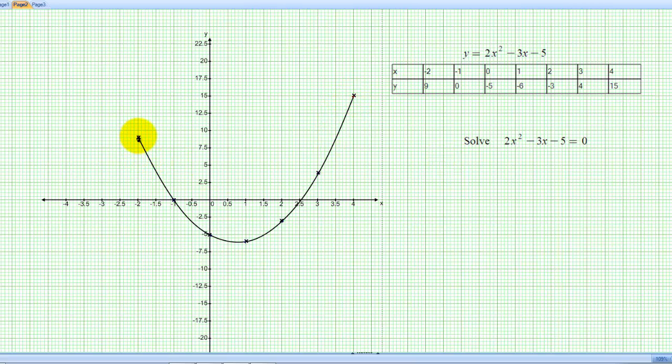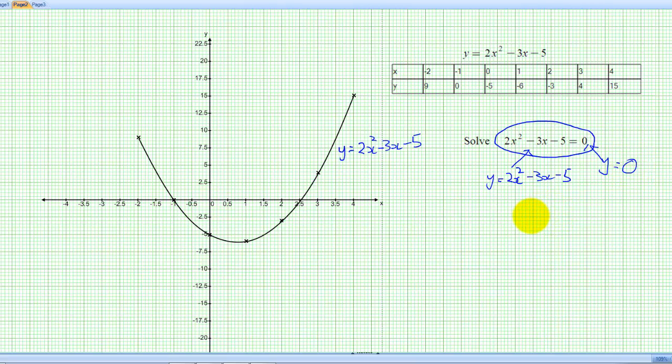Once again, make sure your curves cut through all the points that you have plotted. Next, we'll write down the equation of the curve beside the curve. To solve this equation here, we shall need to find the intersection between y equals to 2x squared minus 3x minus 5 and y equals to 0.